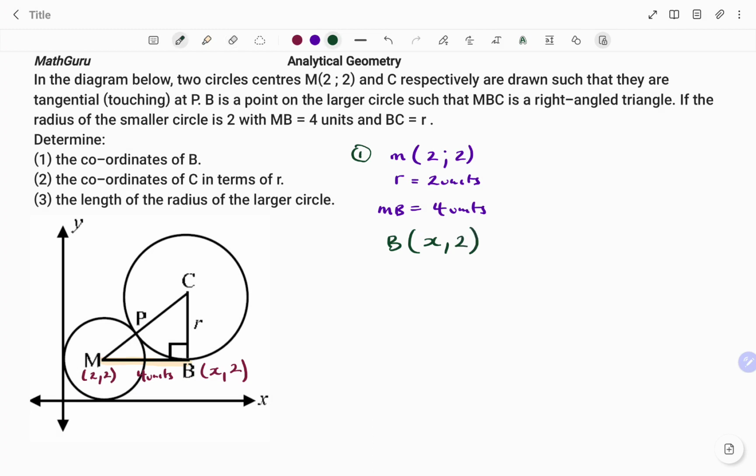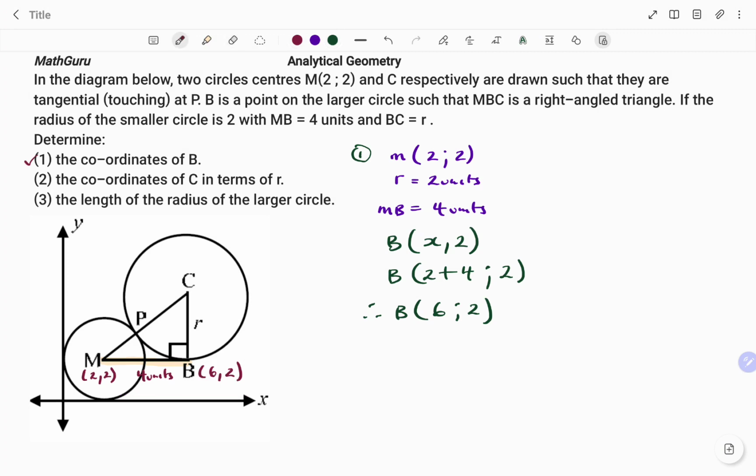To find the x-coordinate of B, the x-coordinate of M is 2 and we move 4 units to get to B, so 2 plus 4 gives us the x-coordinate of B. Therefore, the coordinates of B are (6, 2).